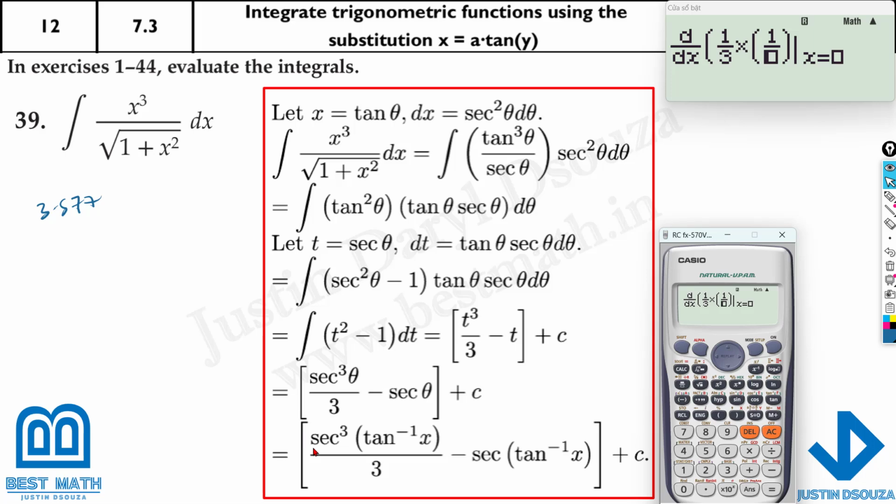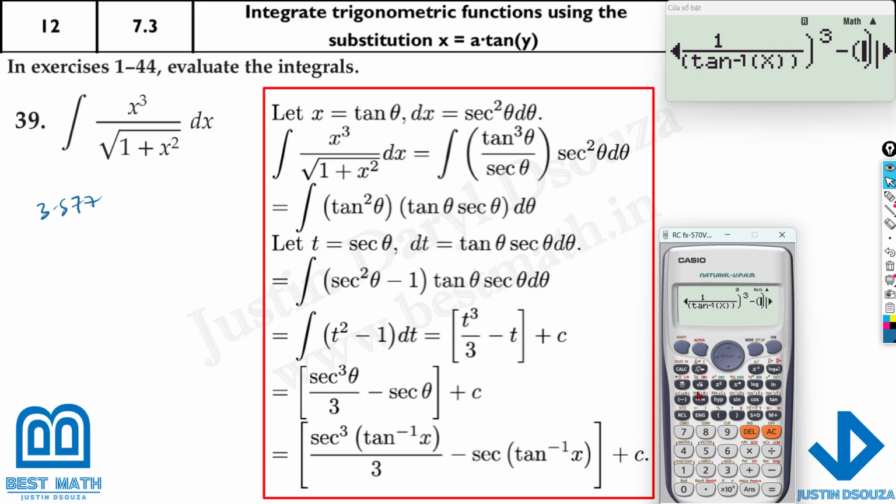The power we'll deal with later, but let's write 1 by cosine. And what is inside it? Tan inverse. Shift and tan gives us tan inverse. x, close the bracket, and then for cosine also we close it up, and then 1 by cosine is closed. And raise this to the power 3 because we have secant to the power 3. That means the entire thing is raised to the power 3.